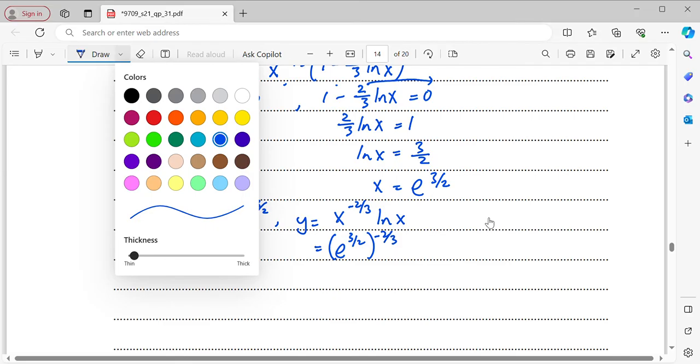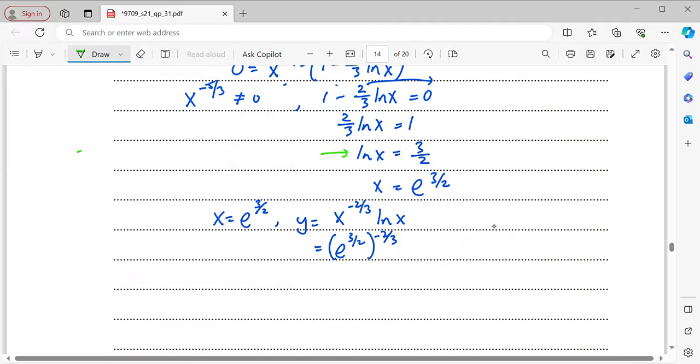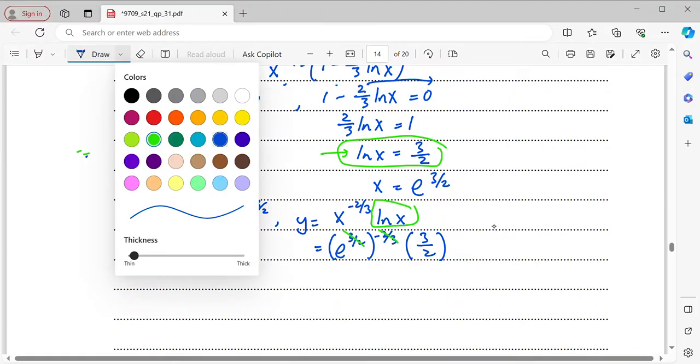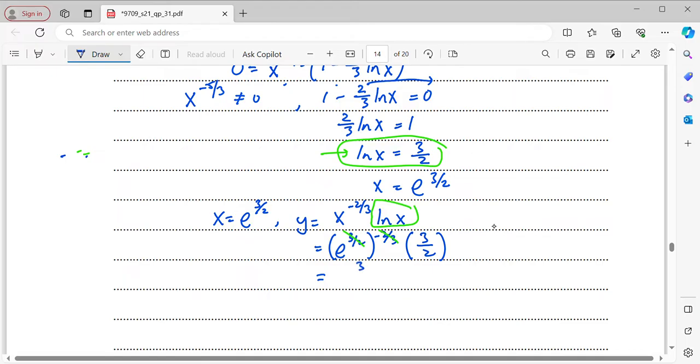Now for the ln x, you can just replace the ln x by 3 over 2. So then from here, 3 over 2 and 2 over 3 will be cancelled off, but then still have the negative. That means I'm getting 3 over 2 e to the degree 1, okay, because the e power negative 1.